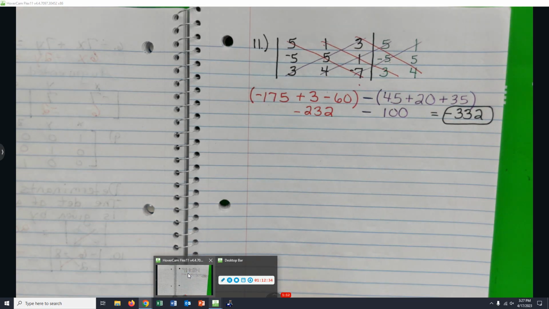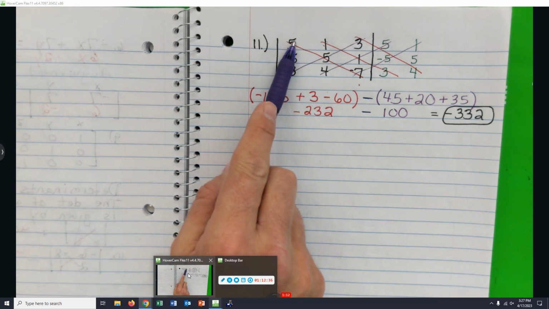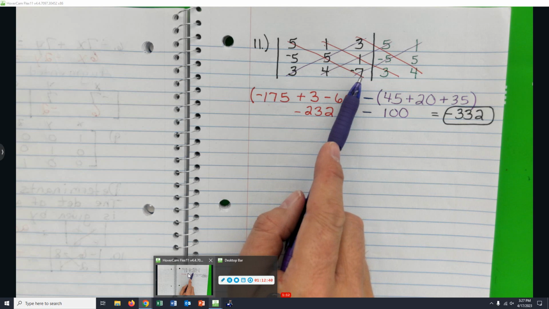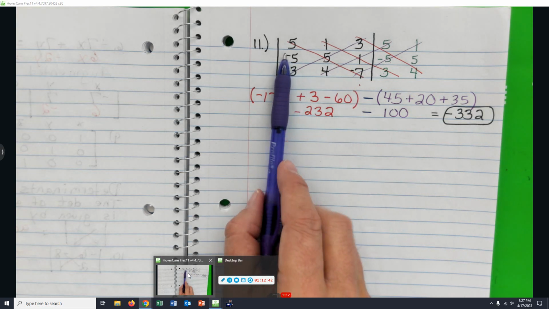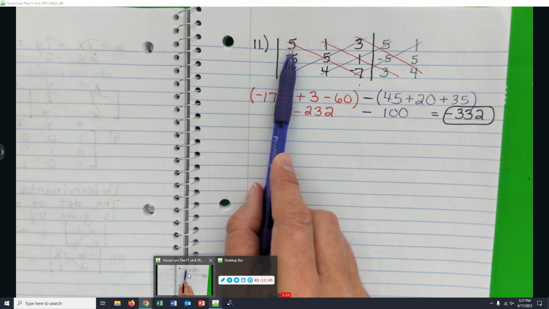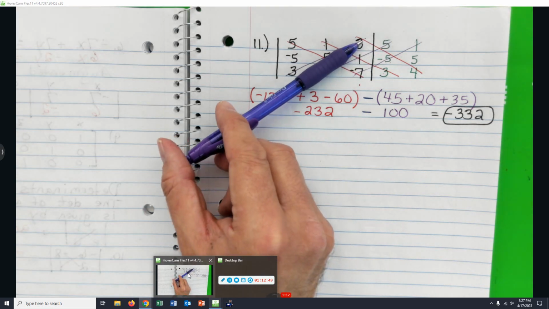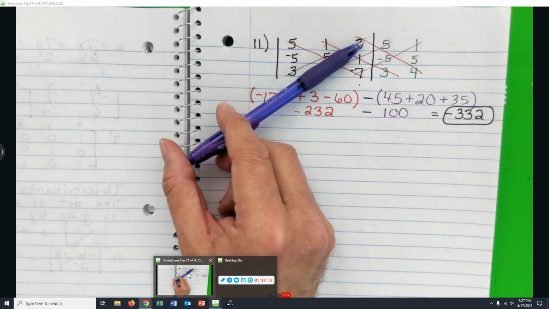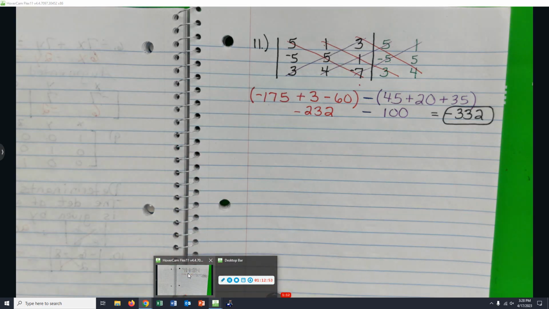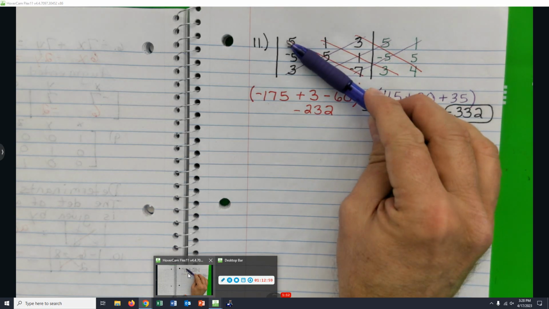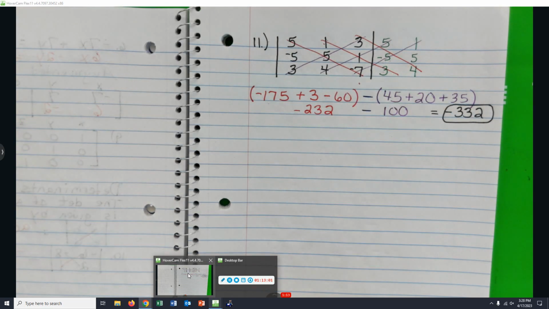Make sure that you are always doing this diagonal first. You should be using the first number when you're starting. A lot of times students will do this diagonal first, and they're going to get it wrong. So what can I say? Use the first number first. If you're not using that first number, then you're doing it wrong.